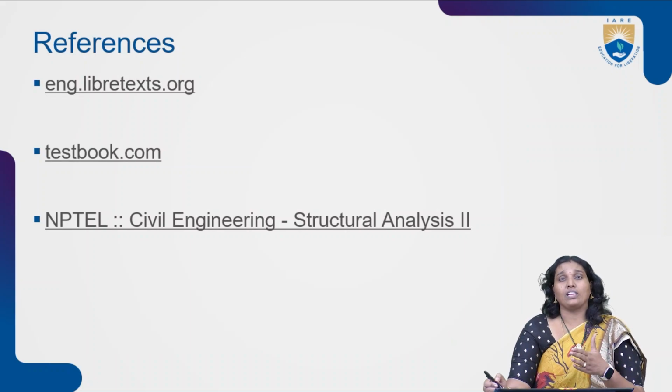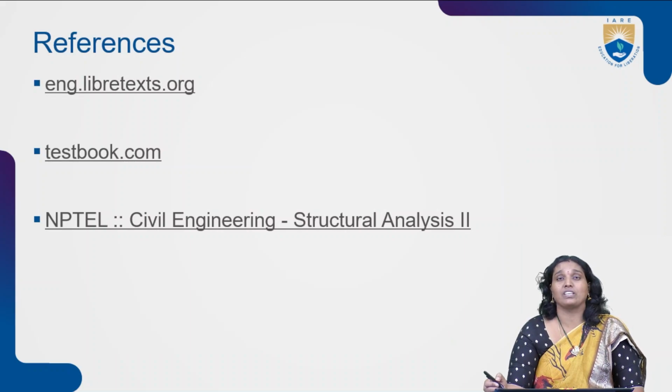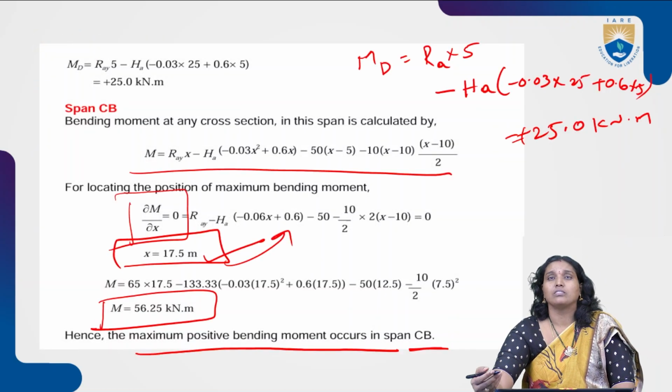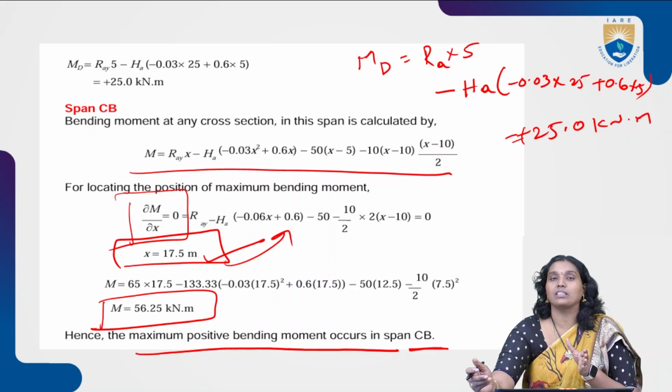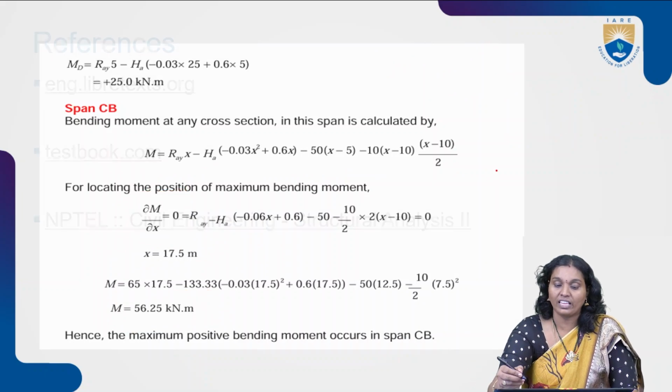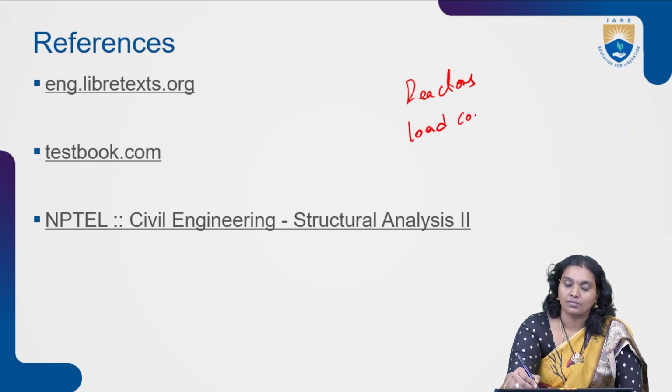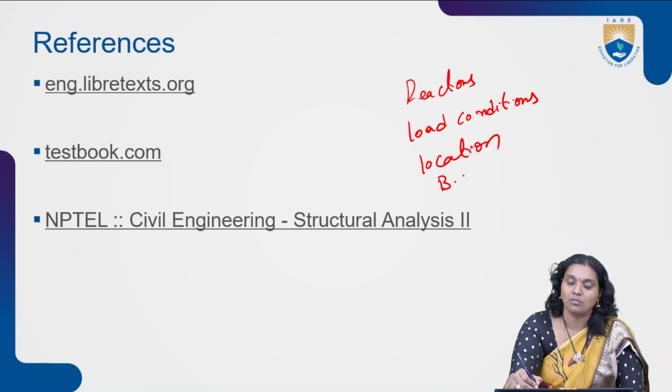Following these are some of the references which help us understand the various problems involved for parabolic, semicircular arches, having symmetric and unsymmetrical conditions also. Like this, first we find out the reactions. After that, as per the given loading conditions, we identify the locations and their maximum bending moments.